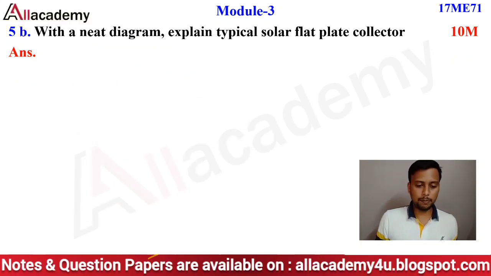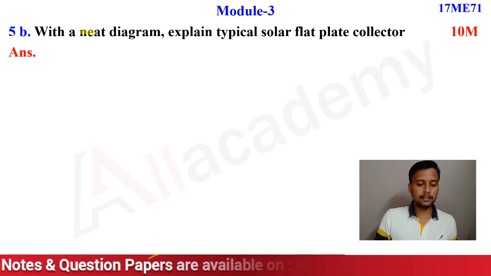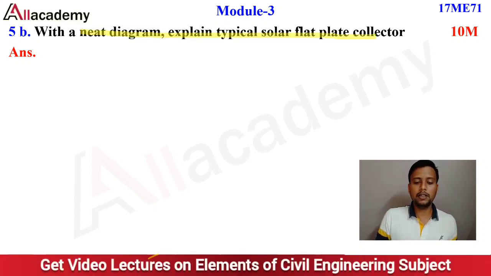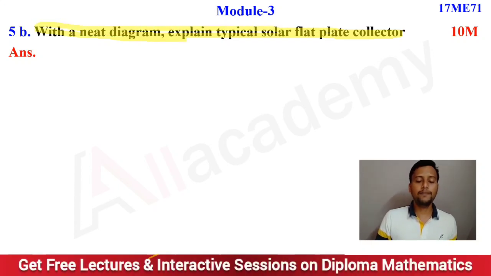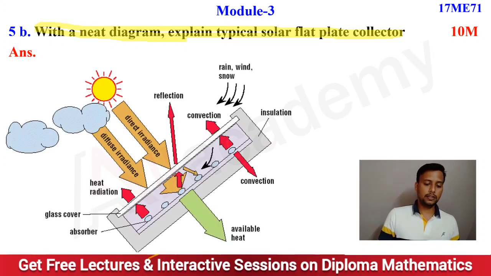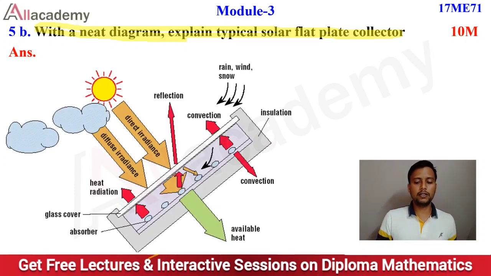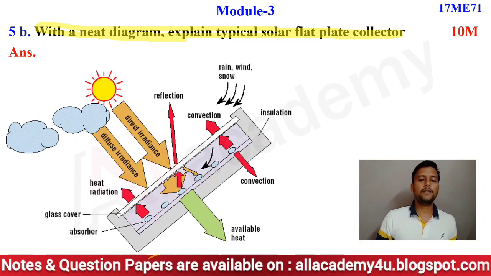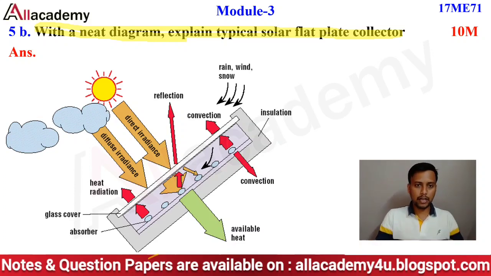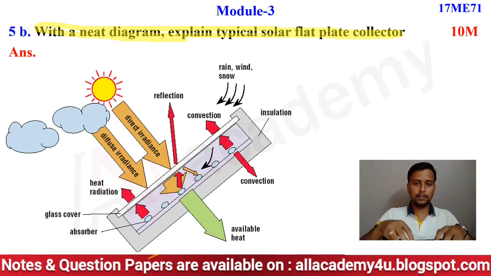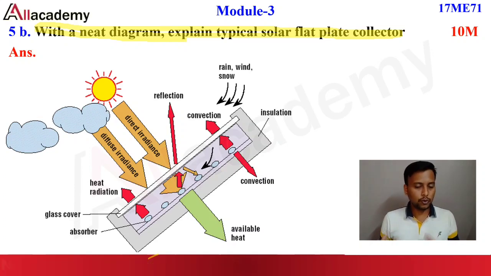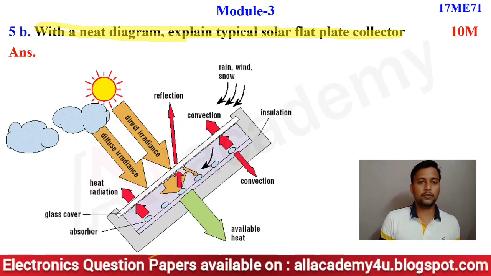Now in the 5th B, that is with a neat diagram, explain the typical solar flat plate collector. So they have asked a 5th B 10 marks question, solar flat plate collector. So this is a schematic figure or diagram for the solar flat plate collector. In some textbooks they have given a flat surface with the radiation incident. So those who have drawn that figure also, you can get a good number of marks.